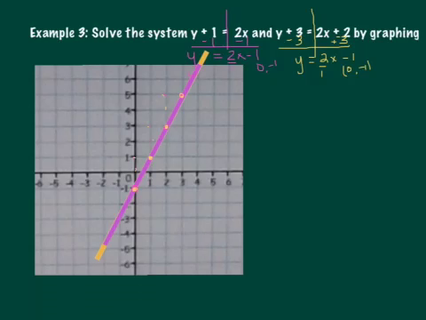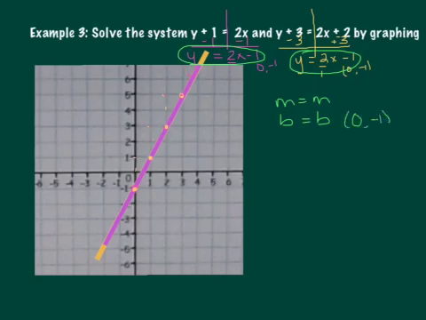So when you have a graph where the two slope intercepts, the slopes are the same, the b values are the same, they have the same (0, -1) y-intercept, and they have the same slope.